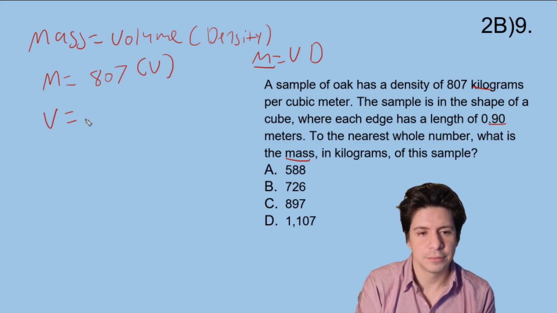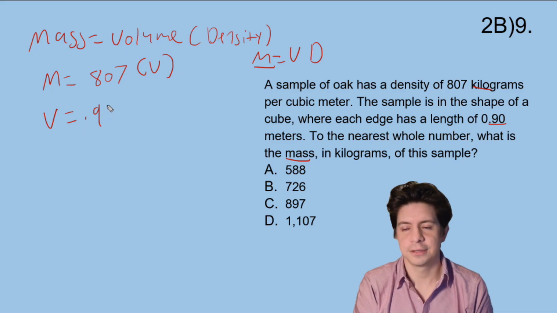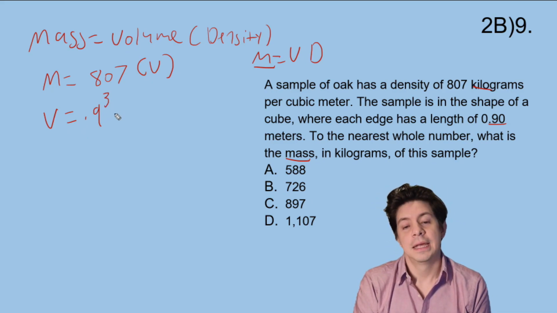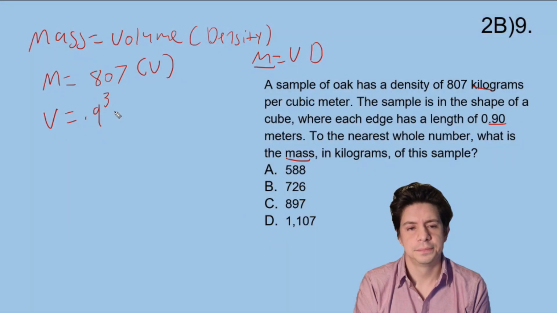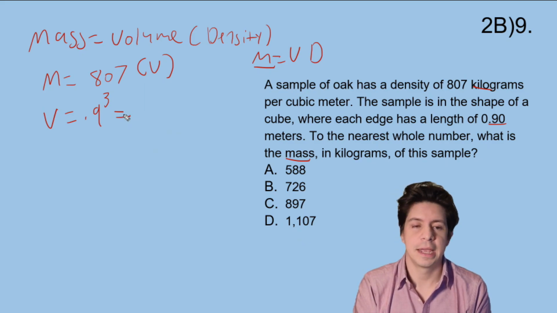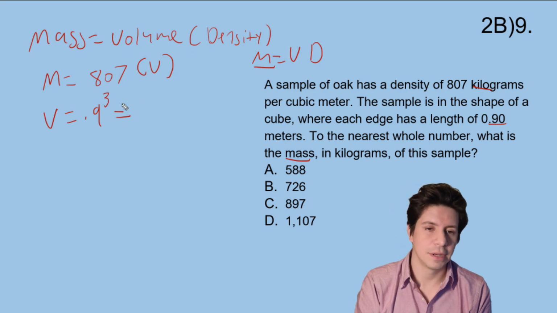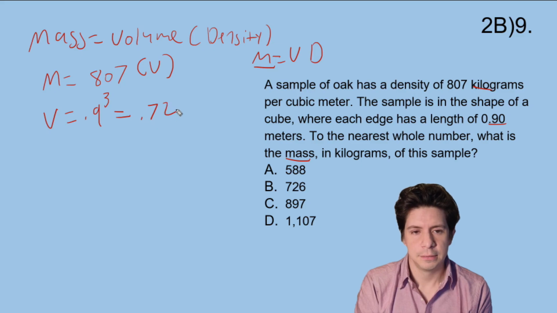So volume equals 0.9, and it's a cube, so that's a side length cubed. 9 squared is 81, and 9 cubed is 729, and 0.9 would just move the decimal place 3 places, so it's going to be 0.729.